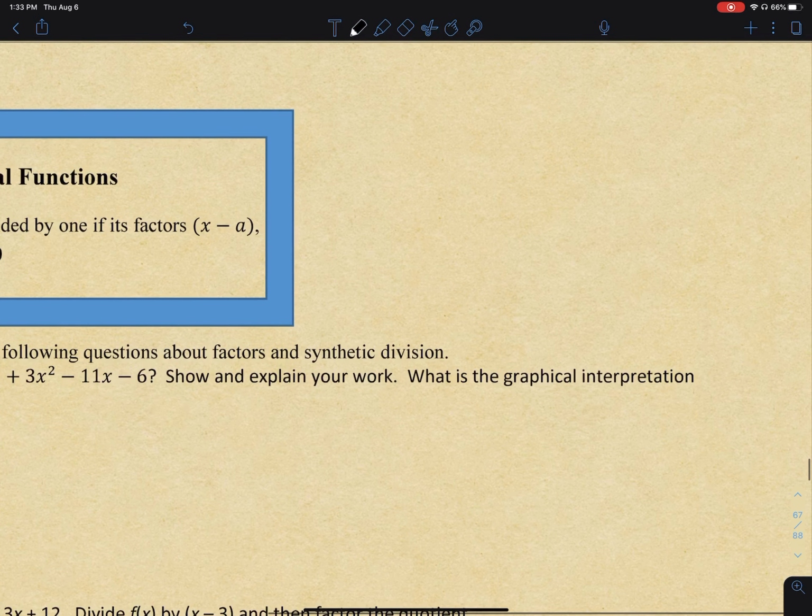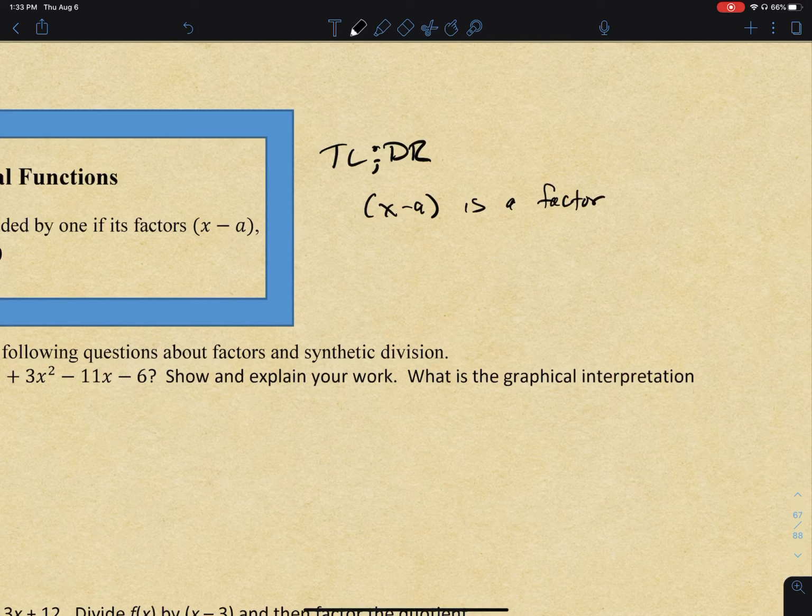Let me give a too long didn't read version of this. X minus a is a factor. Therefore, x equals a is a 0.